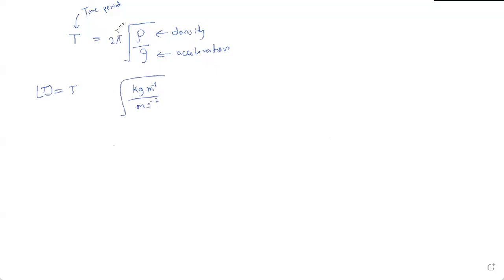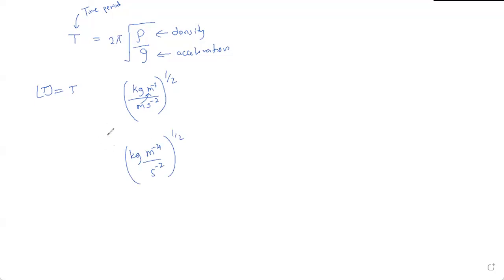Root of that. You don't need to take the units for 2 pi, it's just a constant. So root means to the power half, right? So meters goes up, that becomes m minus 4, s minus 2, and kg to the power half.